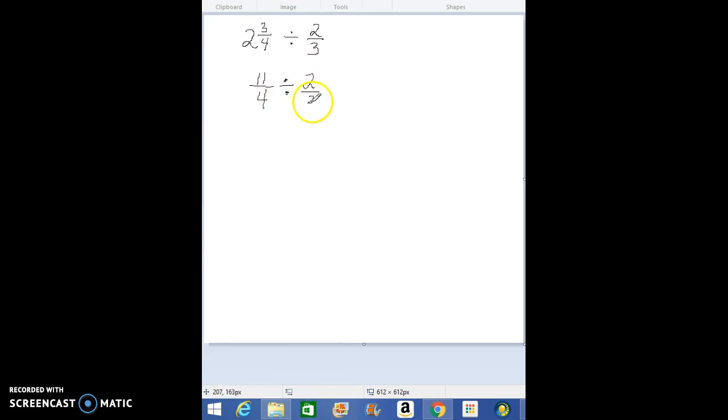So if I approach this the same way that I did before, I would make 11 x's, right? And each x would be 1/4. And then I would come back and ask the question, how many groups of 2/3 can I get? I don't have any thirds, so I can't make any groups of 2/3.